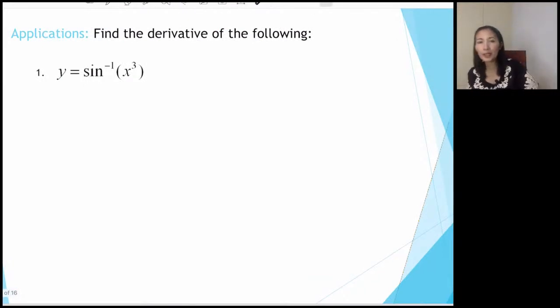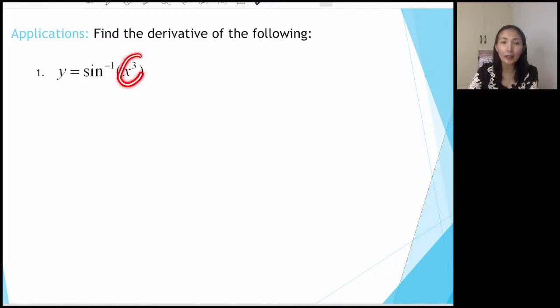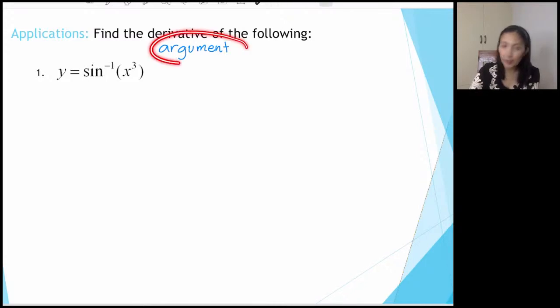Let's begin with problem number 1: arcsine of x cubed. For problem number 1, the argument is x cubed.